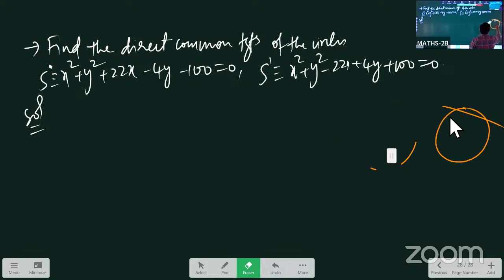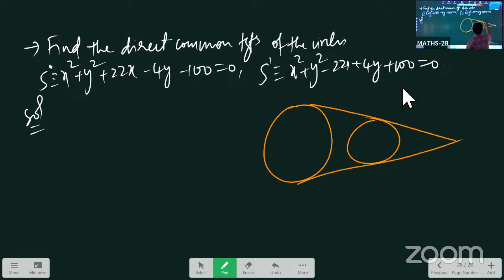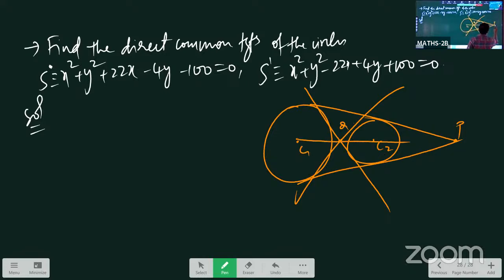For your understanding purpose, we are just checking how it will be. These are your two circles which are apart from each other, and these are your direct common tangents, and these are your transverse common tangents. Okay, so P, C2, and your point of intersection Q and C1, all these will be collinear. Is it clear?